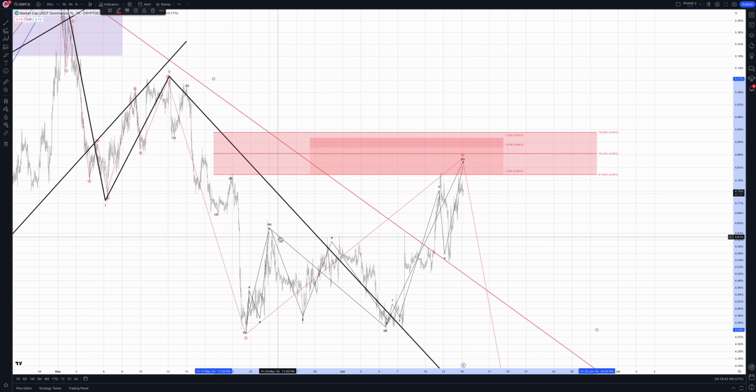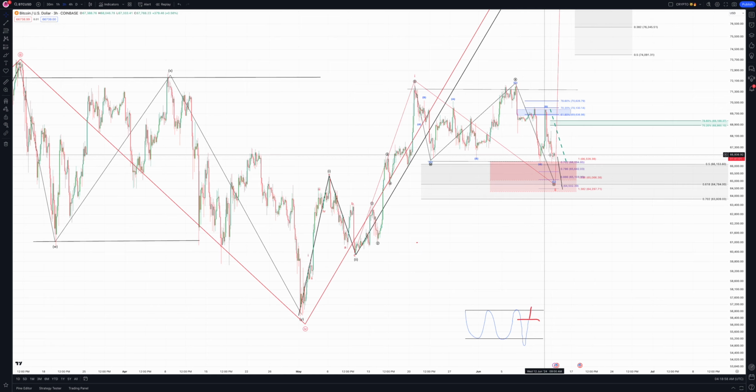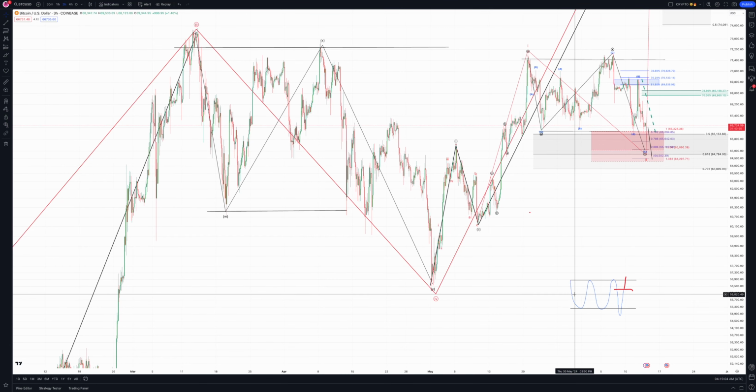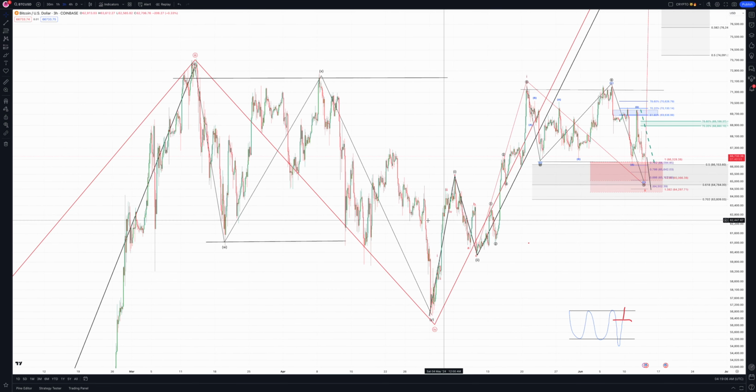As you can see, this is a correction. You see, this is an ABC correction in the form of a flat pattern. So now, while USD dominance wakes up here, I think Bitcoin will wick down just a little bit and then continue up with its trend. But we'll definitely alter these waves as the price develops in the Discord.